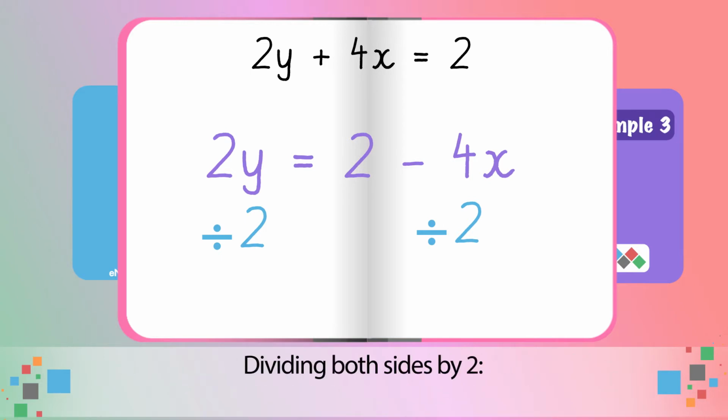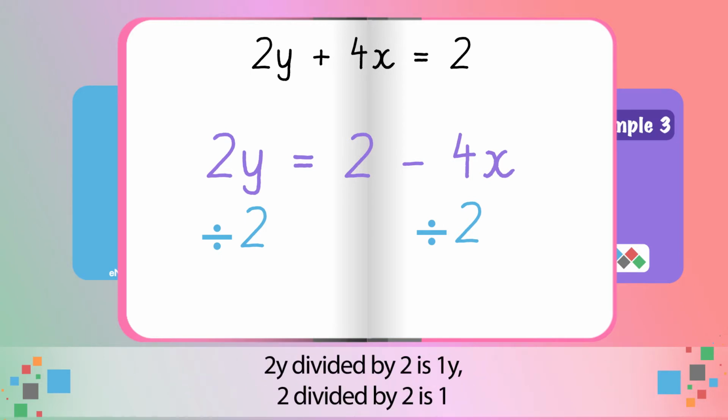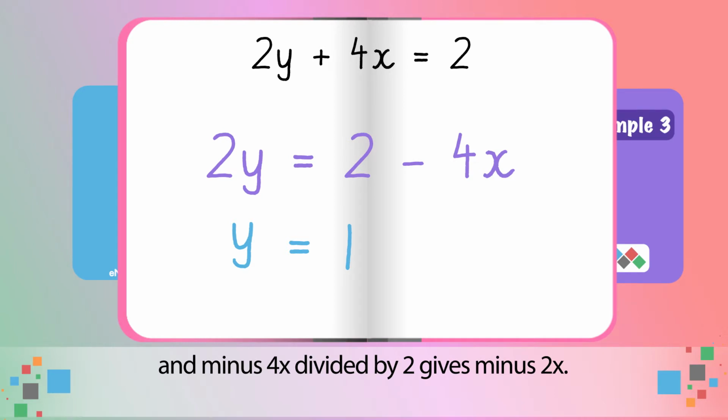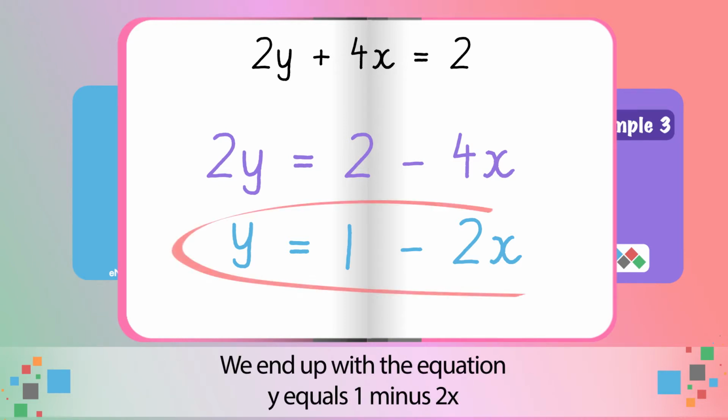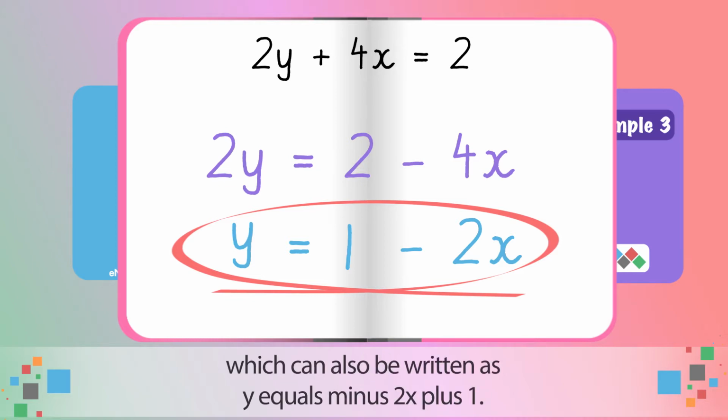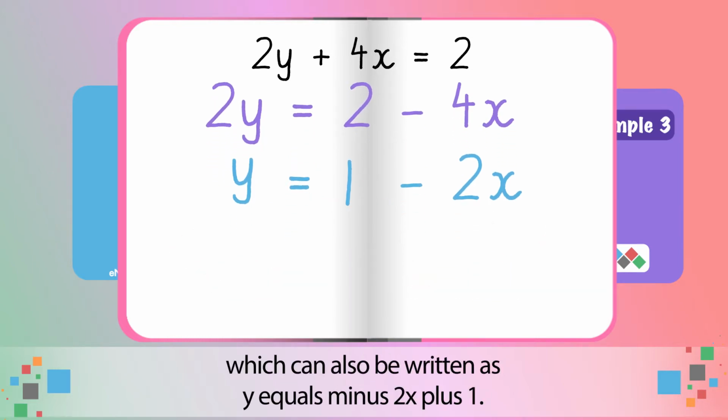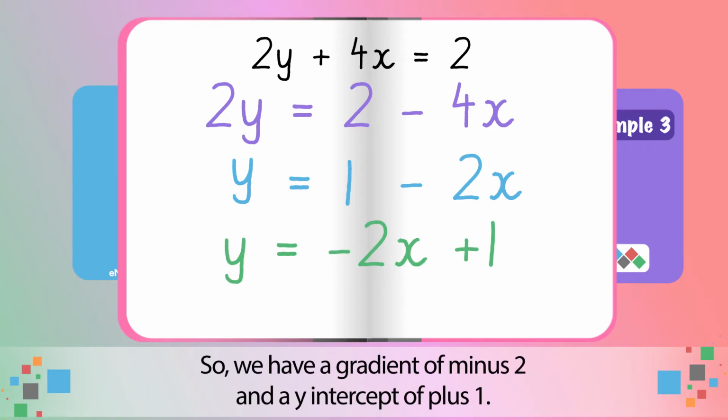Dividing both sides by 2, 2y divided by 2 is 1y. 2 divided by 2 is 1, and minus 4x divided by 2 gives minus 2x. We end up with the equation y equals 1 minus 2x, which can also be written as y equals minus 2x plus 1. So we have a gradient of minus 2 and a y-intercept of plus 1.